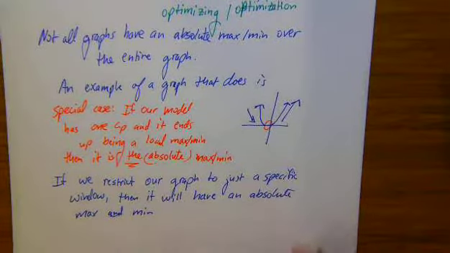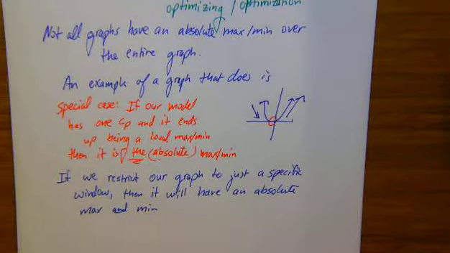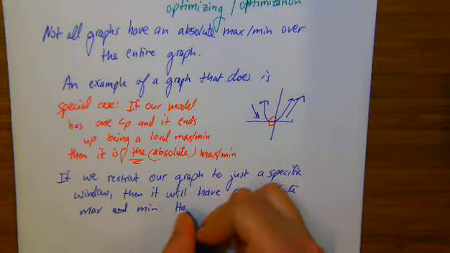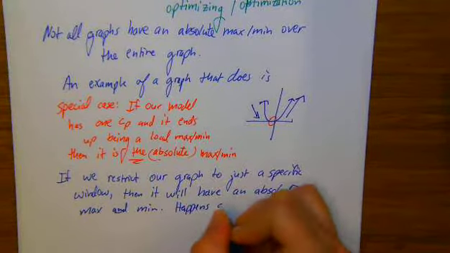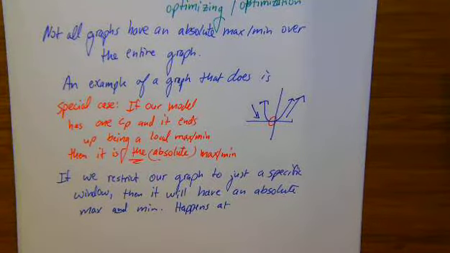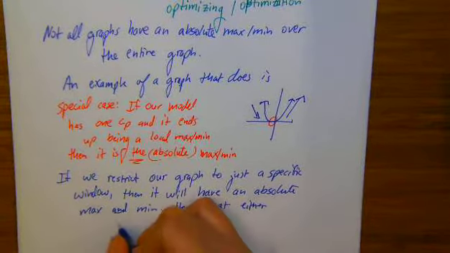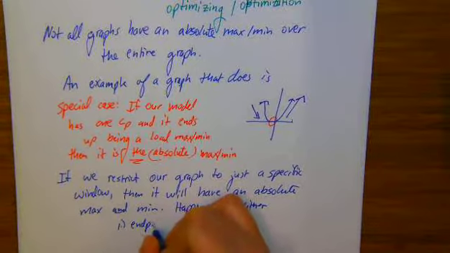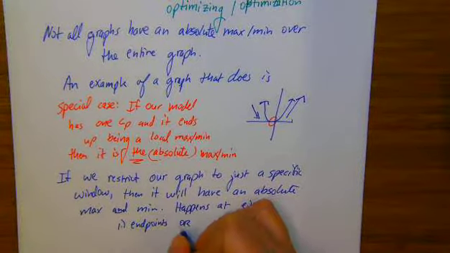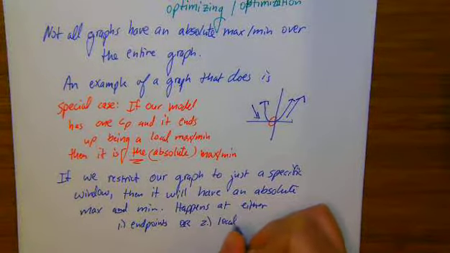And we talked about last time, we stressed figuring out where it happened. So what did we find out last time? Where can they possibly happen? What was that? Does anyone else remember? Local max or min, good. It happens at either the endpoints or the local extrema in the window.